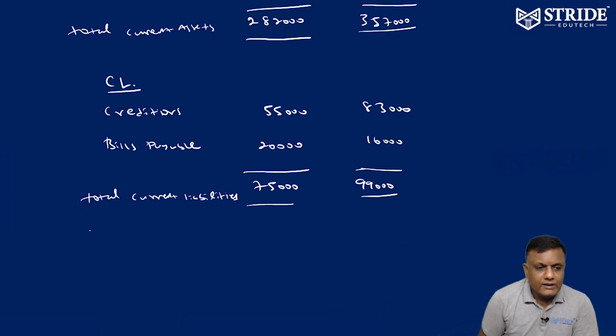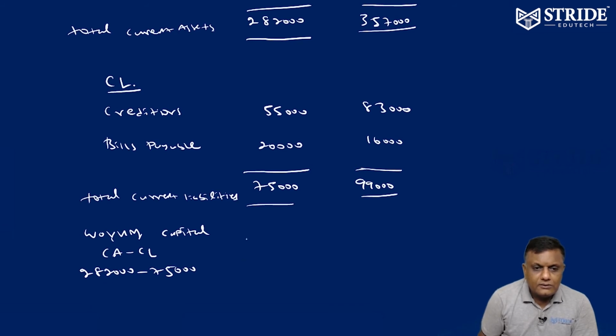Now working capital. Working capital, current asset minus current liability. So current asset 2,82,000 minus current liability 75,000 is 2,07,000.